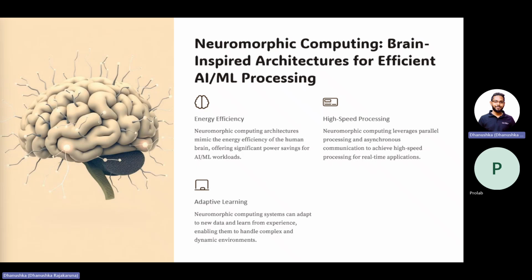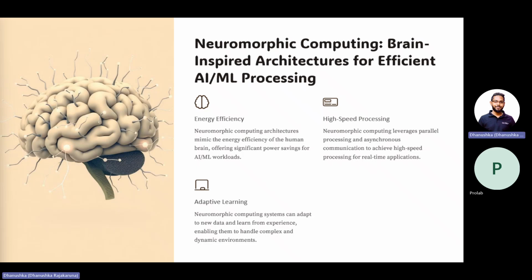In AI and machine learning, neuromorphic computing offers training efficiency, implementing online learning directly on hardware, reducing training overheads. Sparse data handling. Enhanced explainability: the biological inspiration makes neuromorphic models more interpretable compared to deep learning black box models.